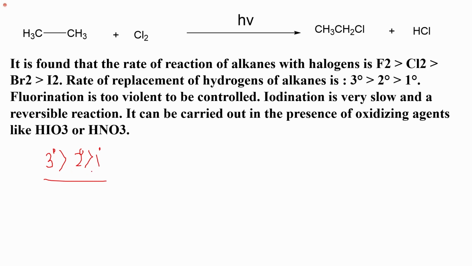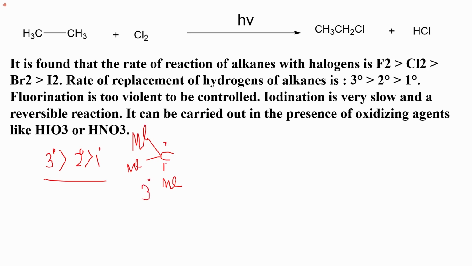So if you have the alkane forming the more stable radical, then it is very easy to correlate here. Let's say you have a 3 degree radical. One example is CMe3, which we already discussed in the last chapter. CMe3 dot is the 3 degree radical.